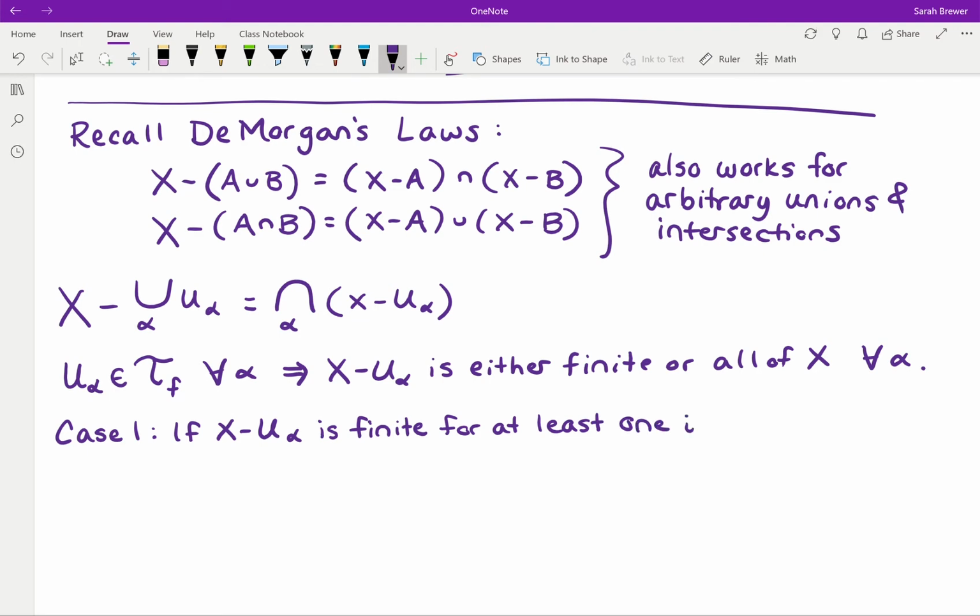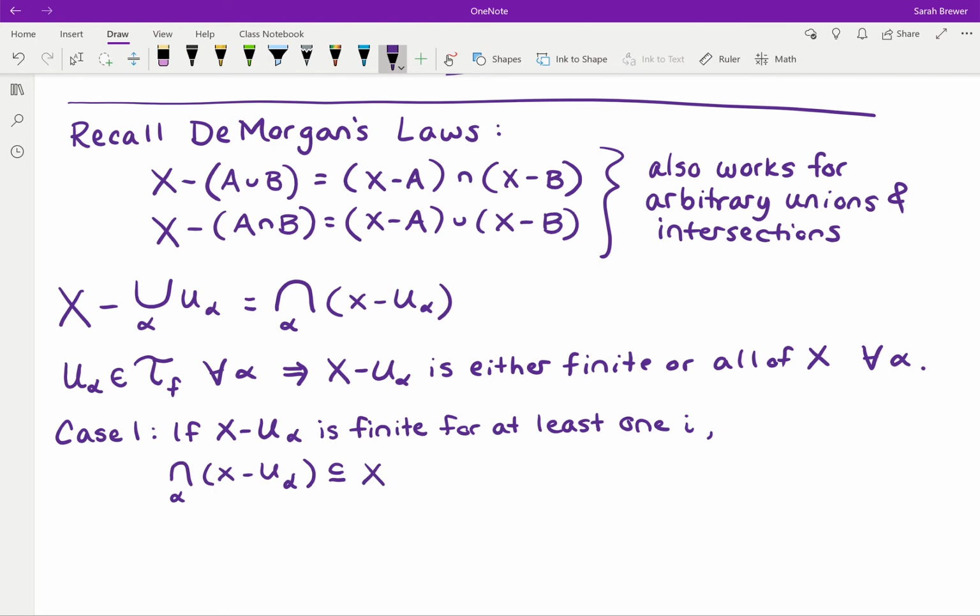Right, so these things are all subsets of X. Okay, so if that's true, then we can say that our intersection of all of them has to be a subset of this particular one.